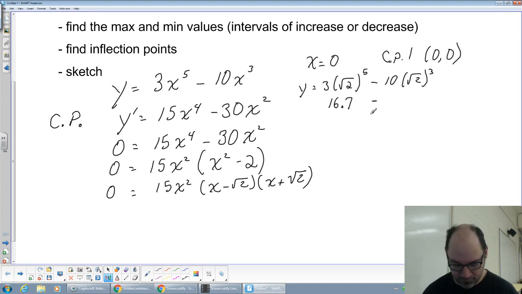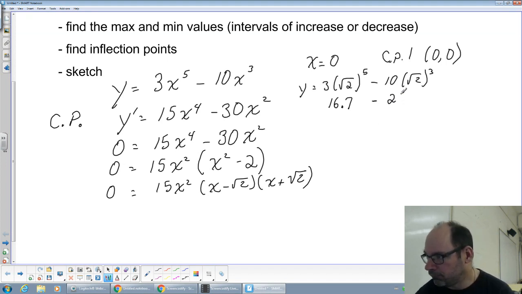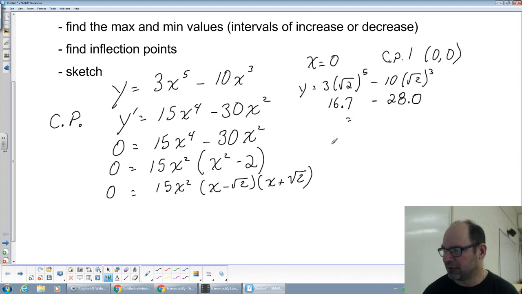Minus 1.41 to the power of 3 times 10, so it's about negative 28.0. So we're getting an approximation here of 16.7 minus 28, which is about negative 11.3 if you want to do decimals.